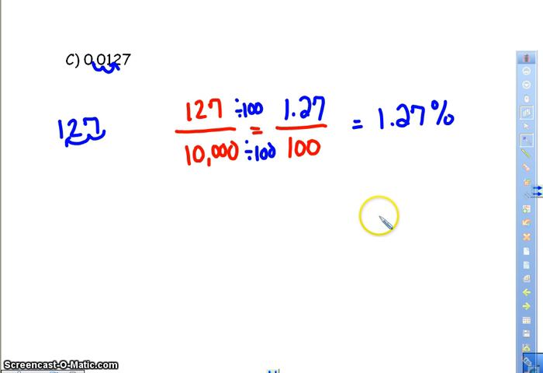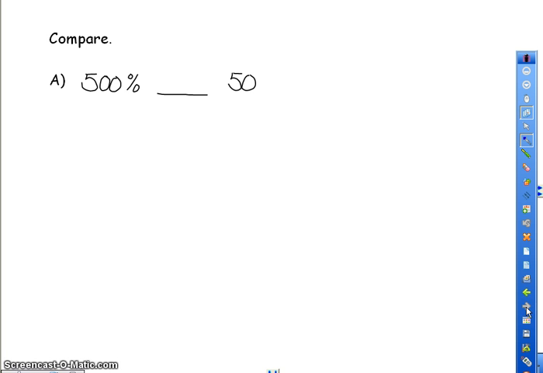In your last set of questions, you're going to be comparing percents to either whole numbers or decimals. So 50 compared to 500%. Well, we know that 500% is like 500 over 100.